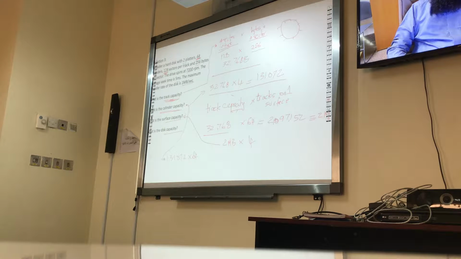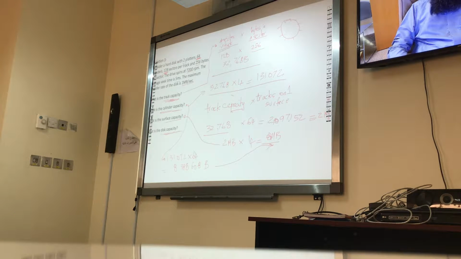So from here I get 8 MB, okay? So disk capacity is 8 MB, and even if you calculate this, 131,072 multiplied by 64 comes out to be 8,388,608 bytes, which is the same as 8 MB, okay?